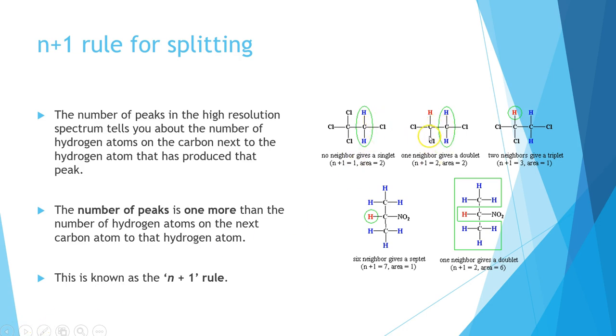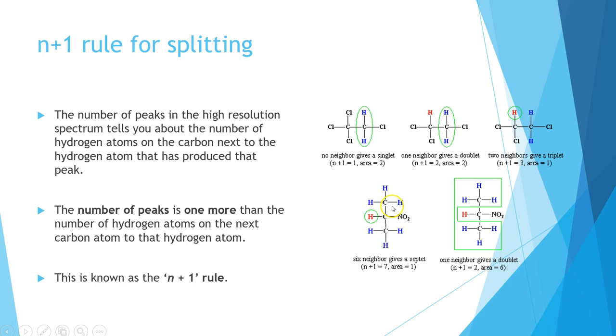Okay, then the next one over, where we have the blue and the red hydrogen, because we've now put in a hydrogen, the blue ones are sitting next to a non-equivalent hydrogen. So the n+1 rule says that it will have 2 lines. Okay, then if we start to look at the red one, it is going to have 2 neighbors that are not the same as it, so it will split into 3 lines.